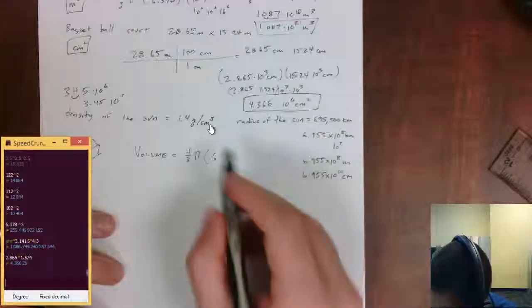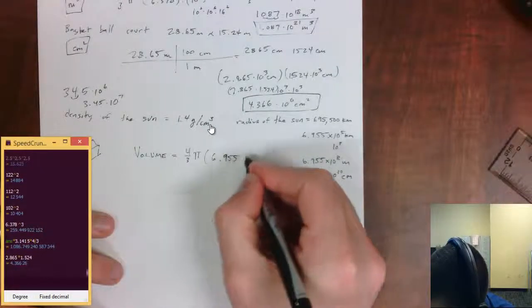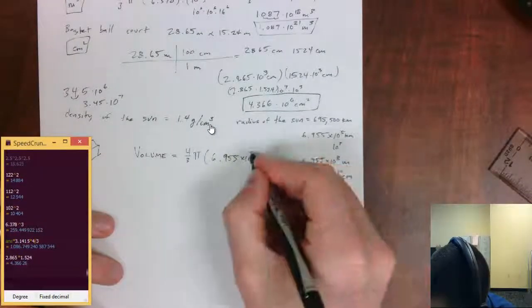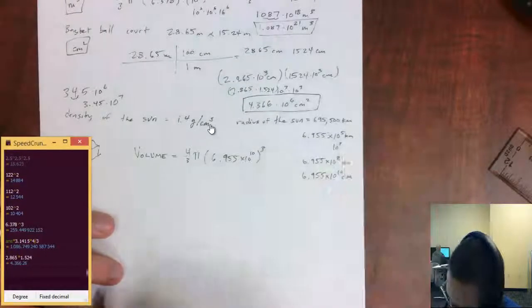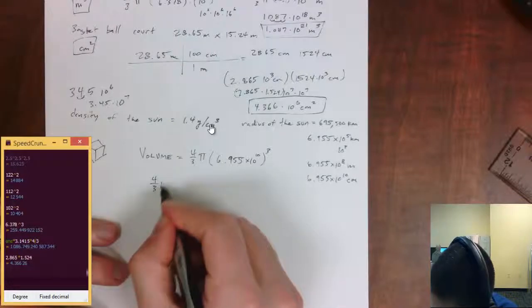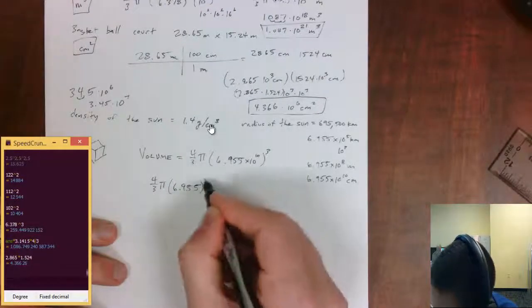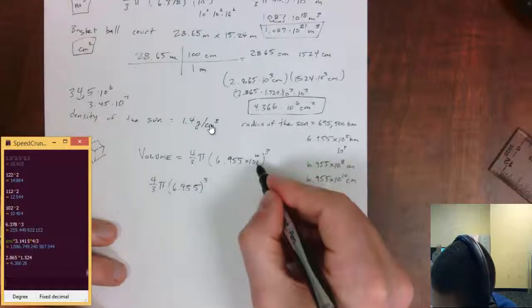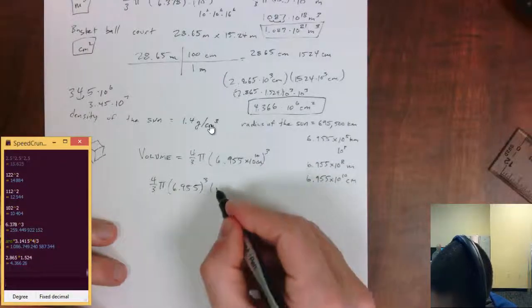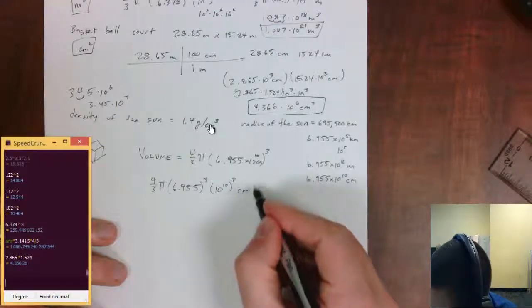All right, so now I use that: 6.955 times 10 to the 10th, cubed, and so 4/3 pi times 6.955 cubed, times 10 to the 10th cubed, in centimeters cubed.